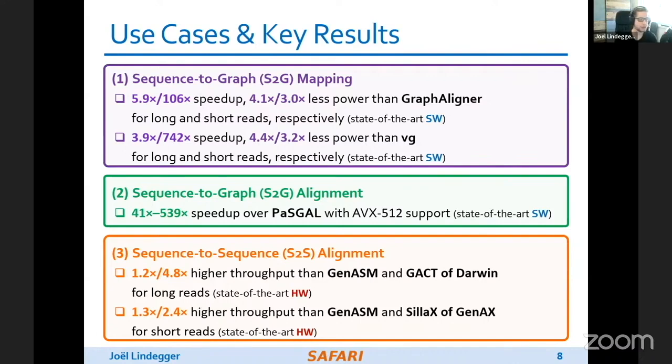Then again, for short reads, we have the SILEX pairwise sequence aligner, which is also outperformed by SeGraM. So yeah, we're seeing improvements over software baselines when there's no hardware baseline available, and we're seeing improvements over hardware baselines in the cases where there is at least hardware available.